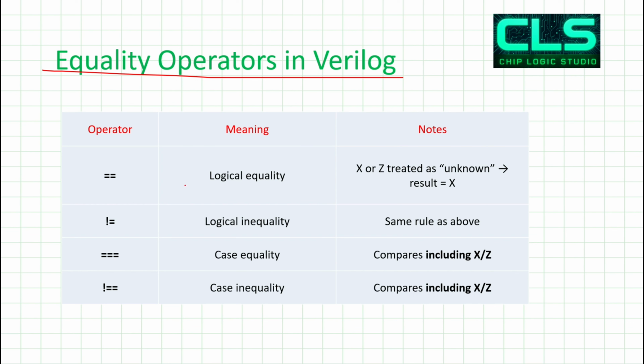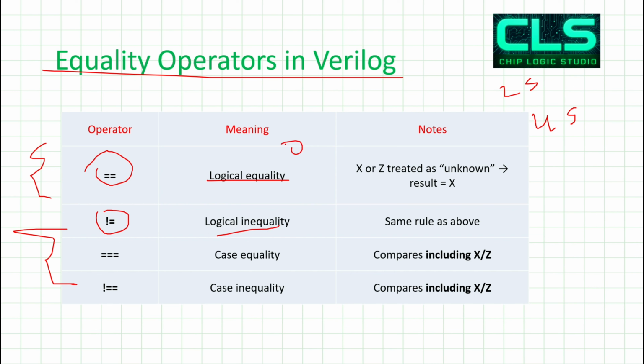The equality operator will check whether two numbers are equal or not equal, and it is separated into two parts, as you can see. One is logical and another is case equality. This difference is because Verilog has two-state as well as four-state variables. Logical equality will only check for 0 or 1, and case equality checks 0, 1, x and z.